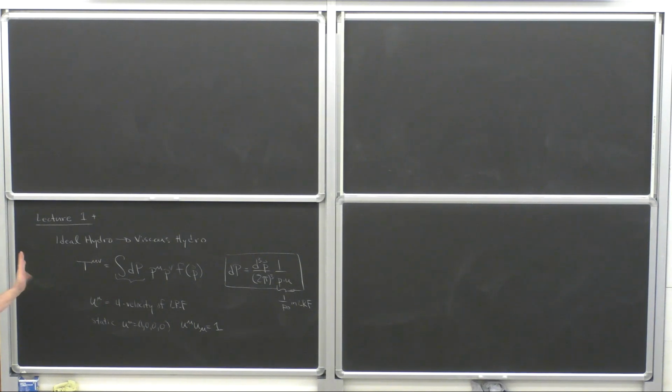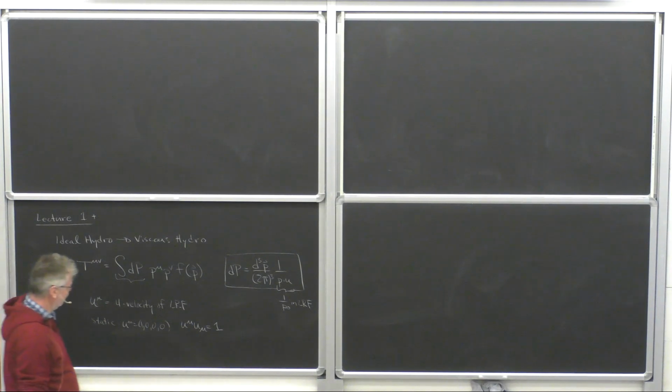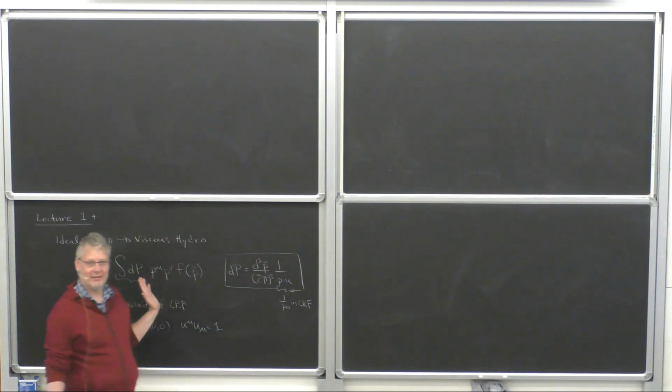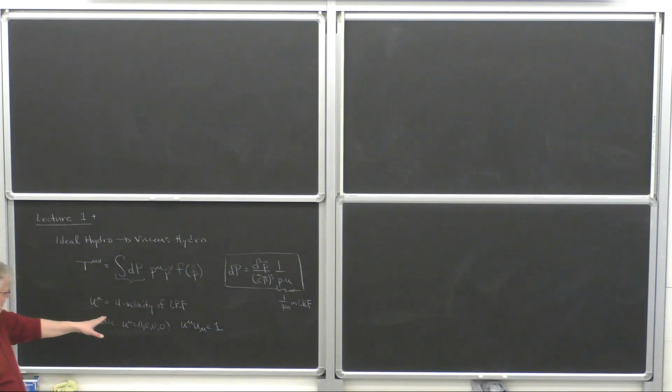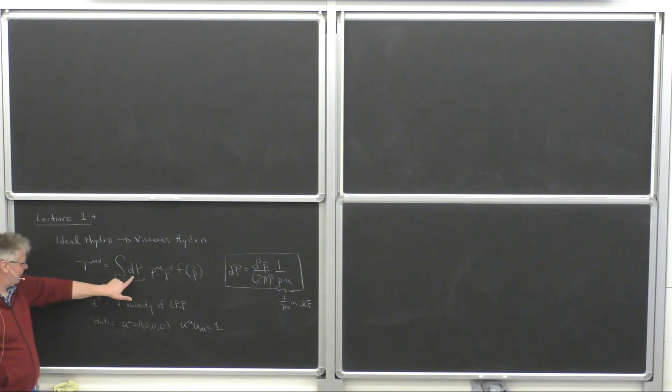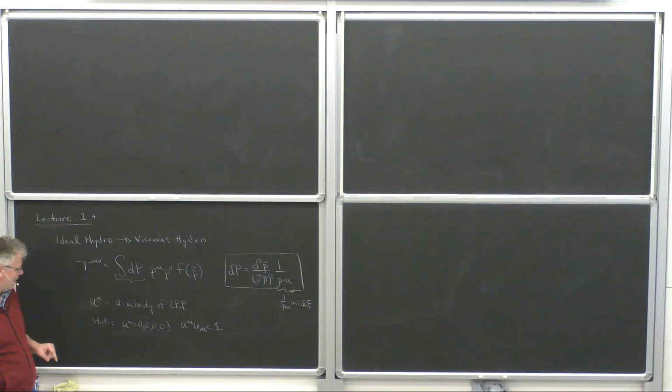So it doesn't matter what frame I'm in, this is always the same. It comes from a 4-dimensional phase space integral to begin with a delta function that enforces that the particles are on shell, and a theta function that says that they have positive energies. But I won't write it anymore, I'm just going to write dp. So again, to save chalk everywhere.